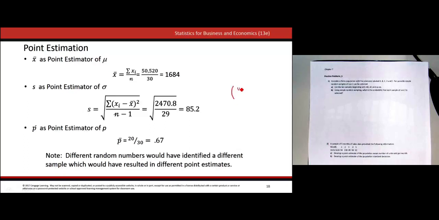It's a combination, which is a lot. It's a big number. So a different sample of size 30 will give different results. This is just one sample of size 30.